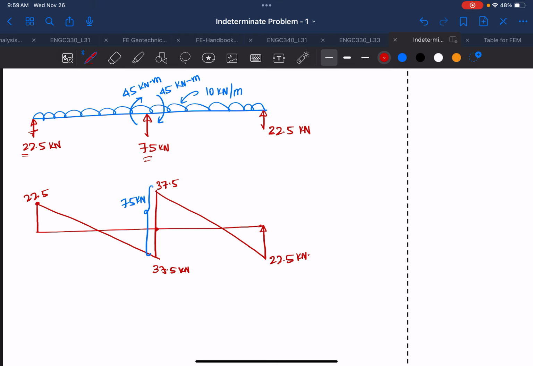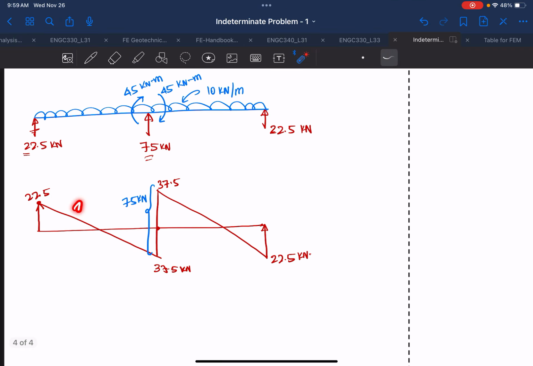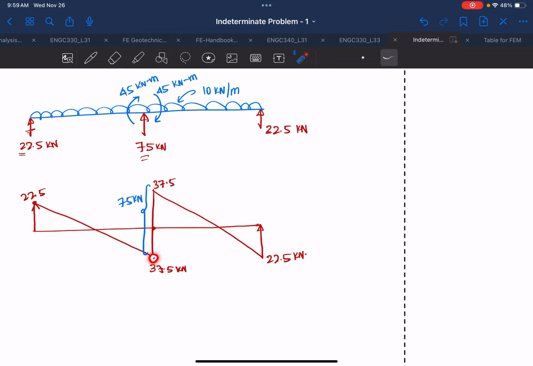One thing I tell the students when they draw the shear force diagram is to always look at the direction of the force. This direction is upward, so always start from left to right, starting upward. Because you have a UDL, it has to go in a linear slope of 1 degree, and VBA is 37.5, then it goes up such that the total is 75, and then it goes down again with a slope of 1 degree, and then up and comes back to the zero line.